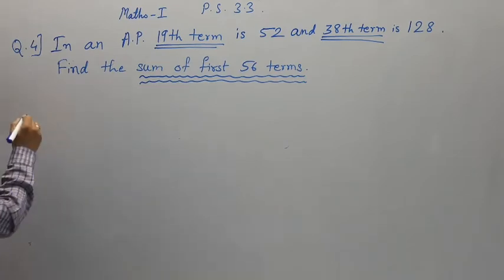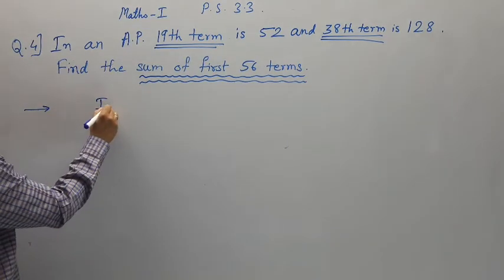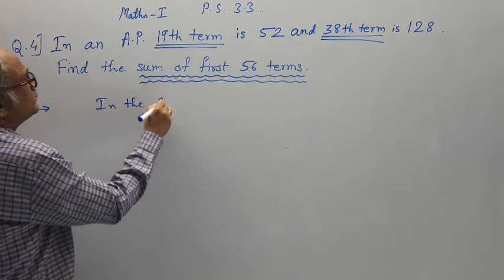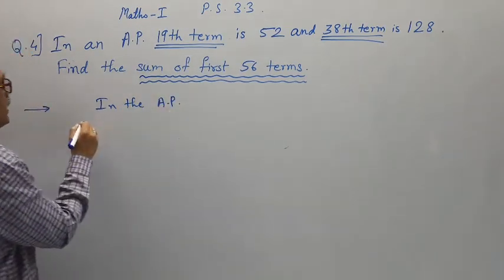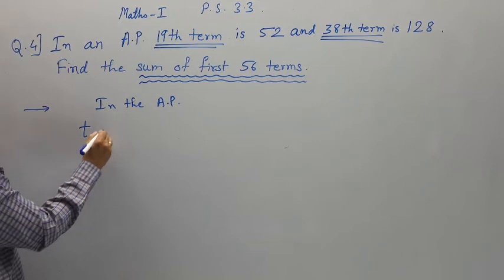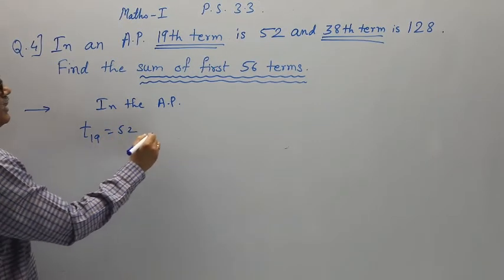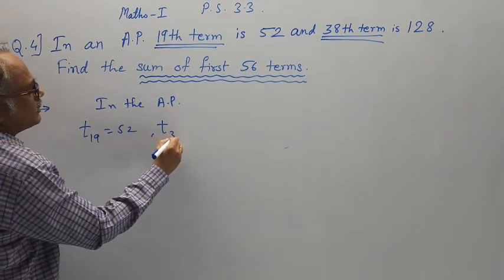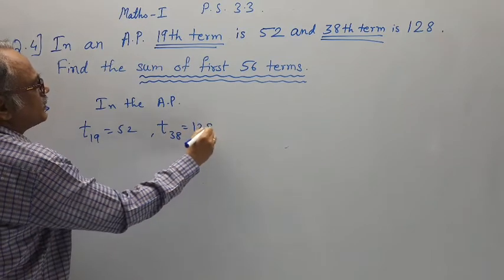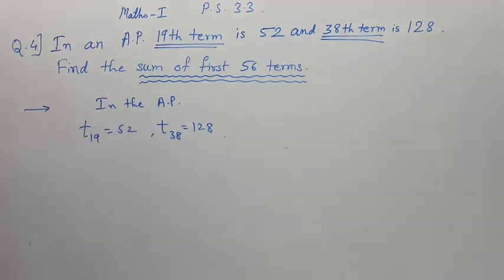How to use? In the AP, T19 is 52, T38 is 128. Use the formulas.